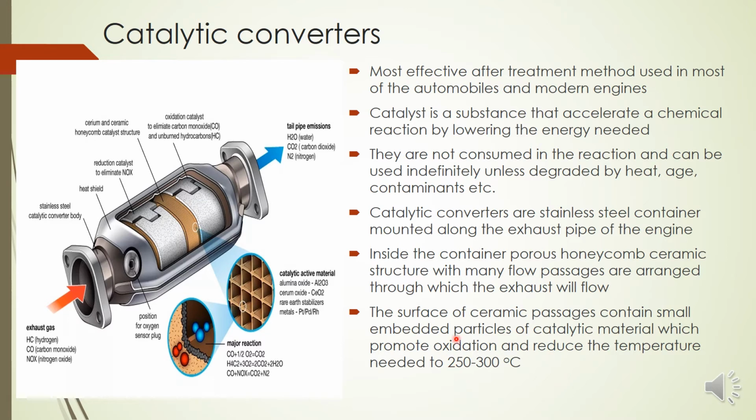Similarly, nitrous oxide has another temperature, but this catalyst will reduce that to a very low temperature, that is 250 to 300 degrees Celsius. We already know that the exhaust gas will have a temperature near this. So we don't have to provide heating to this. Already the temperature of the exhaust will be in this region. So that is the advantage of the catalyst. We are increasing the reaction rate and reducing the temperature required.